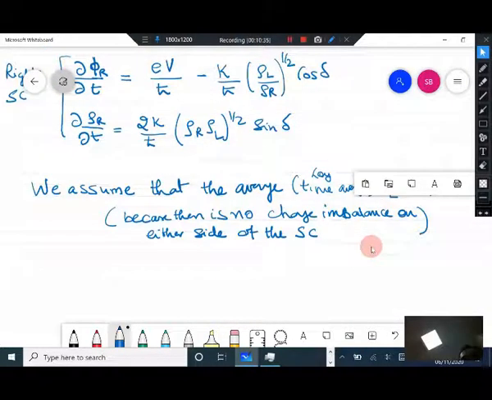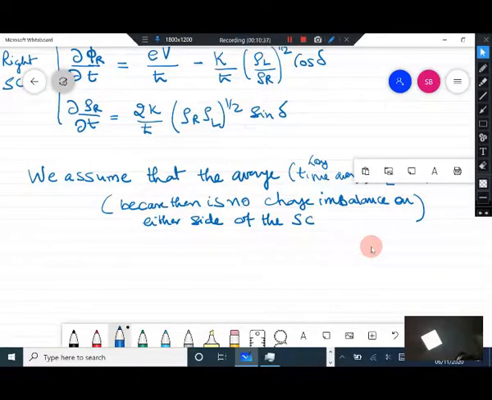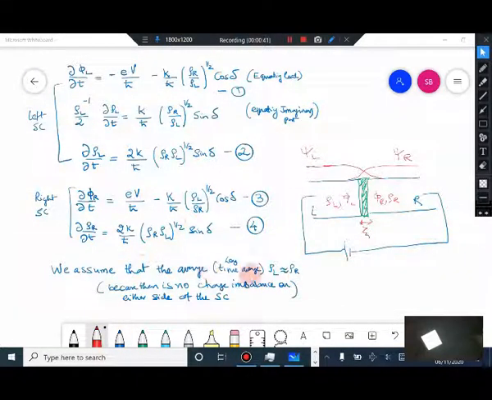It's a very small amount which is leaking in from the right side to the left and from the left side to the right side, so you don't have any gross charge imbalance being maintained.